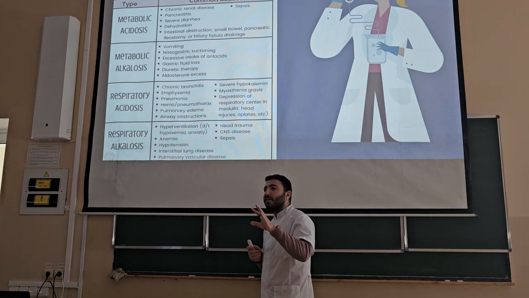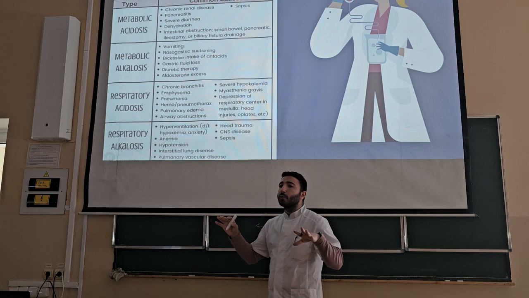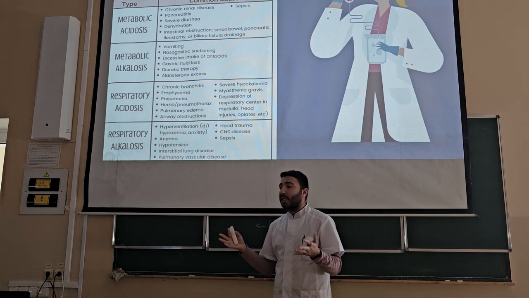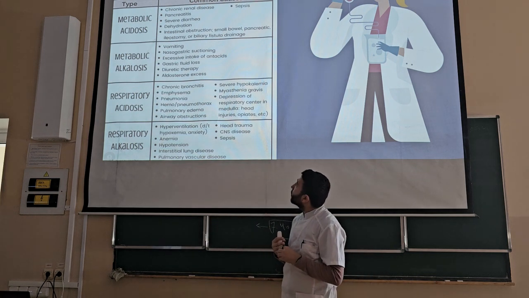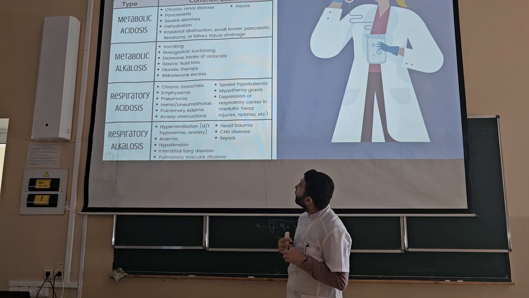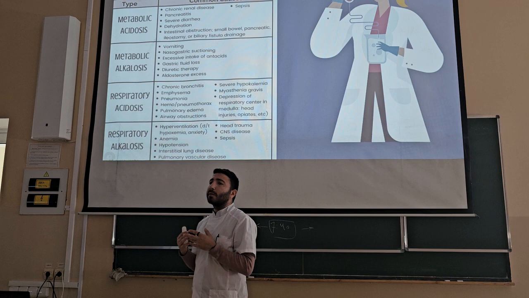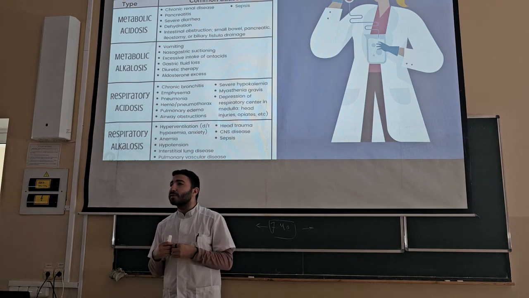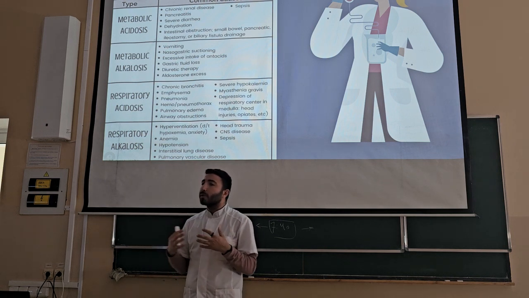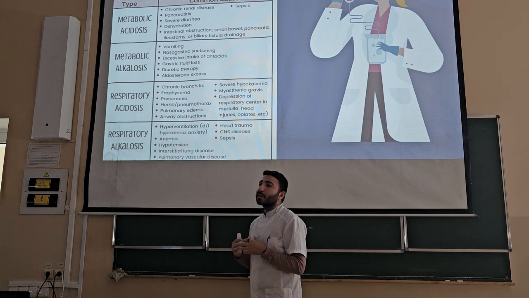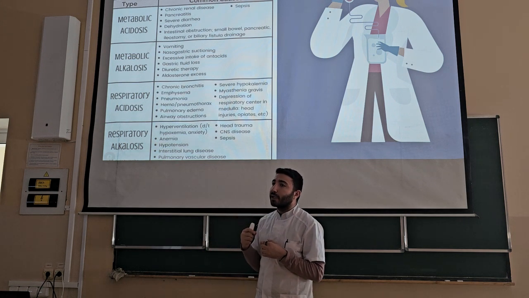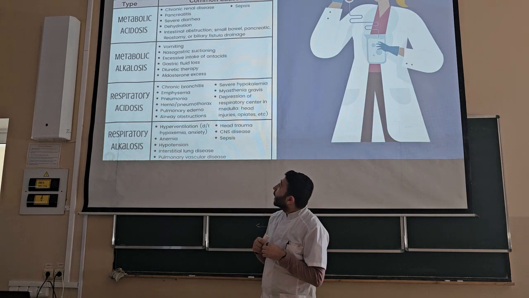Dehydration during diarrhea, vomiting, and bleeding also plays a role. Obstructions in the gastrointestinal tract could also be a cause for metabolic acidosis.